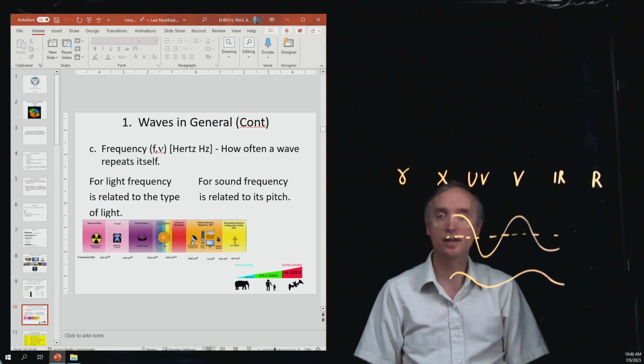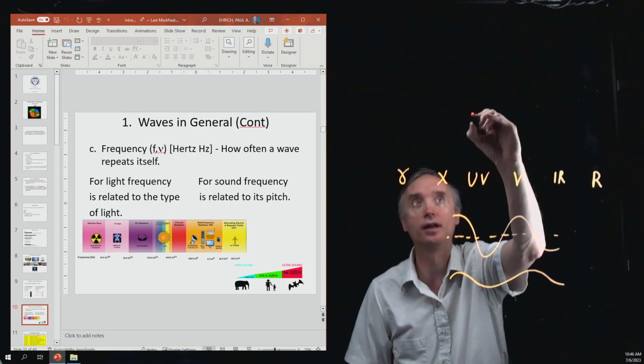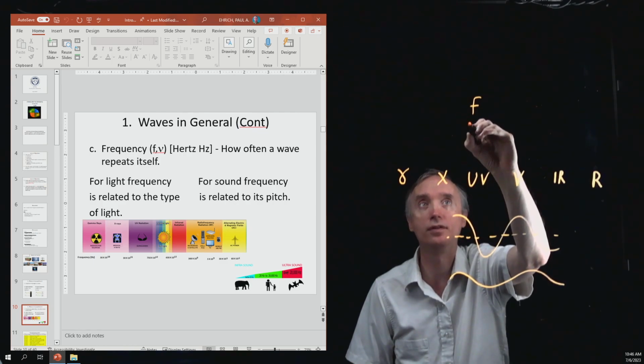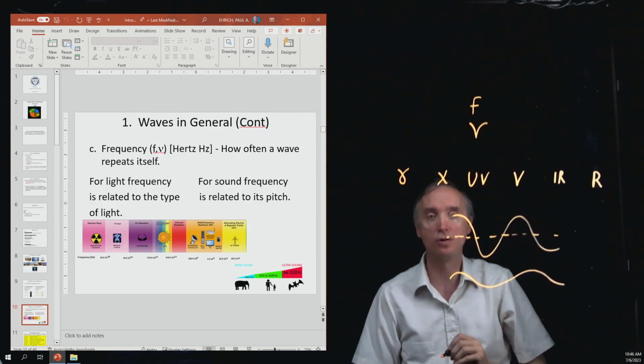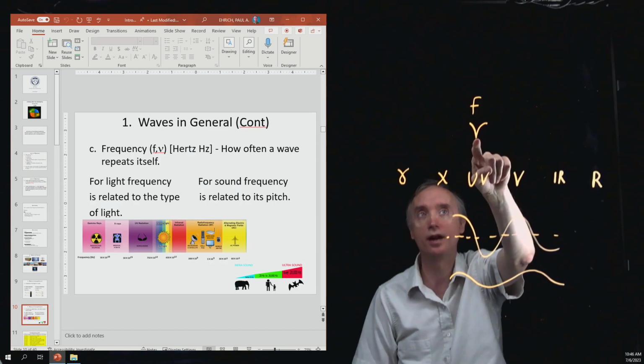All right, the next thing is going to be frequency. Depending on the textbook that you read, frequency could be the letter f, or it could be this symbol here, which is called nu. That's a Greek letter n, and this is the way that I'm going to do it.